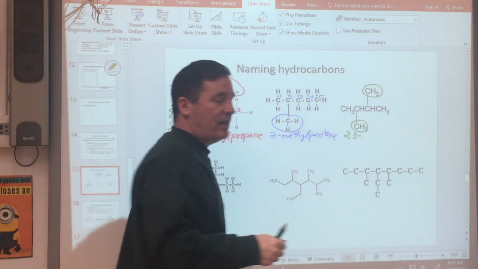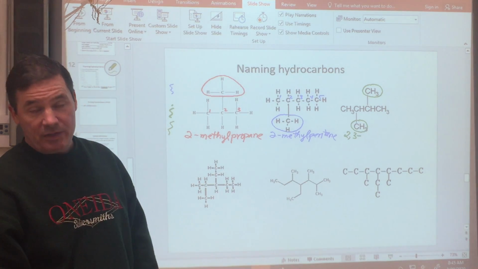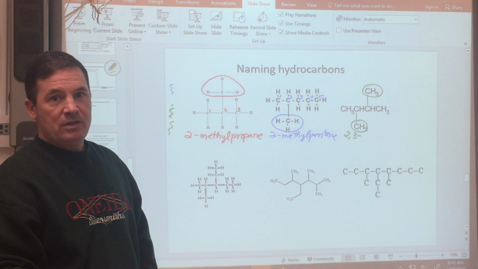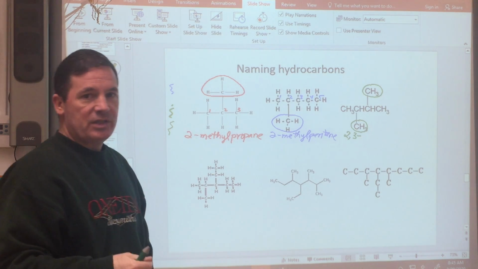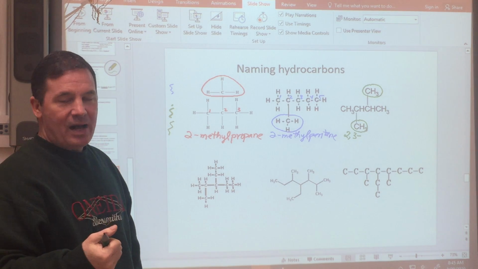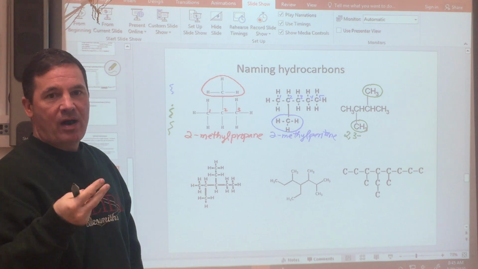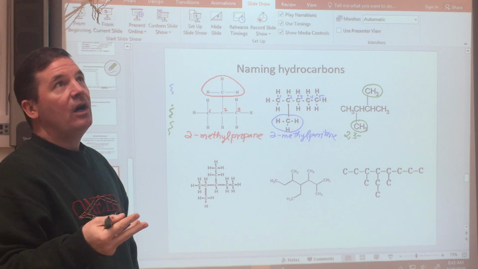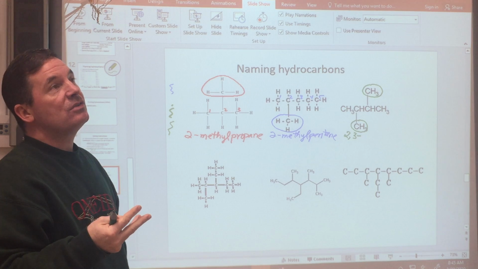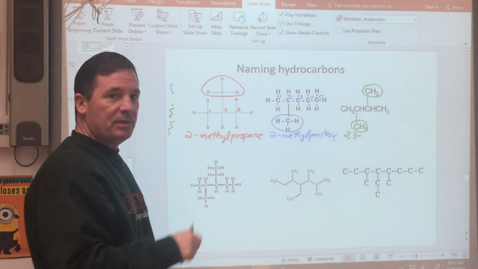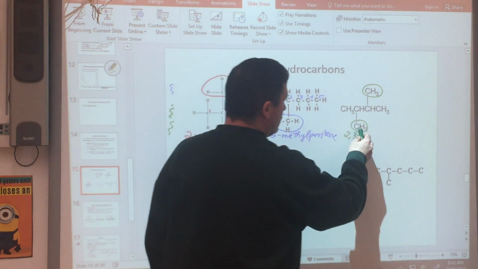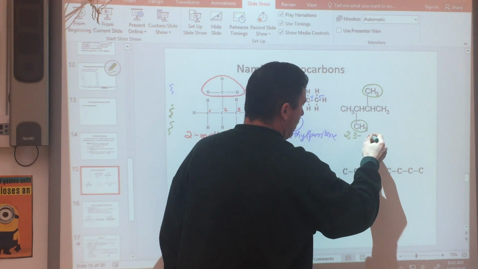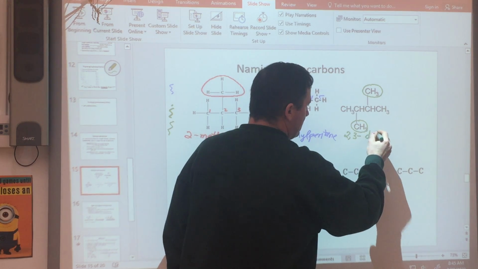Now I've got 2 of them, so I have to use a prefix that goes with it. The prefixes are also in your CRT. 1 would be mono, 2 is di, 3 is tri, 4 is tetra. Okay, so it's a little bit different. So I've got 2, 3, and how many are there? 2. That's di.